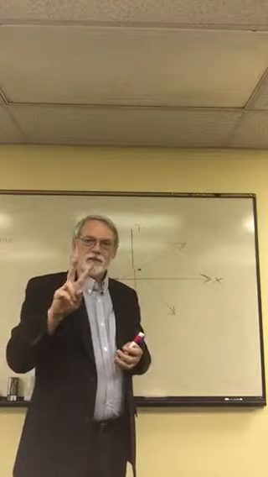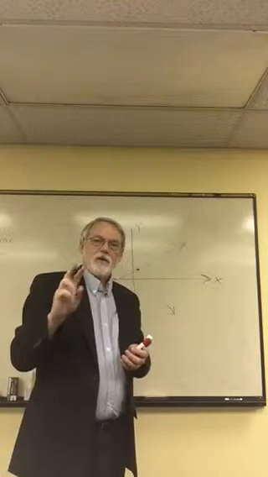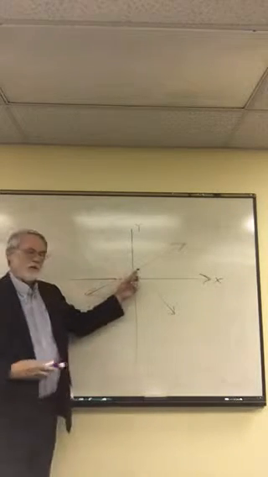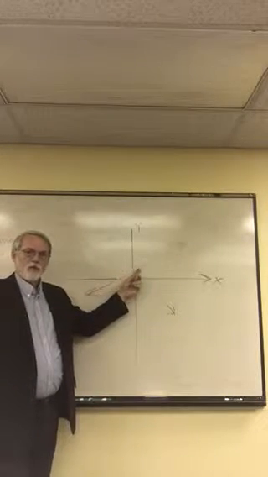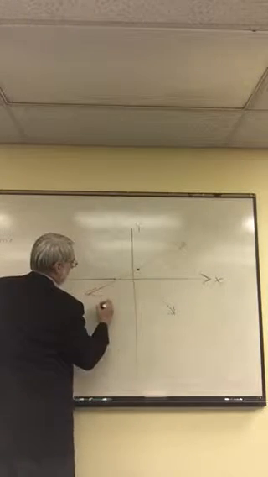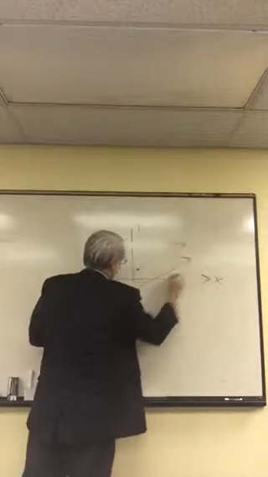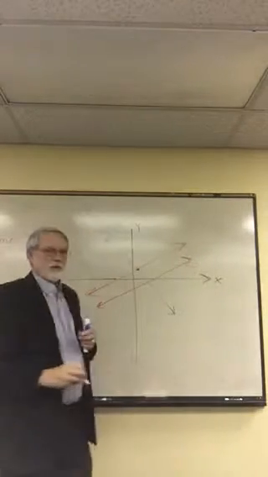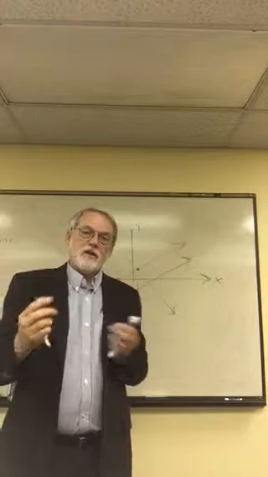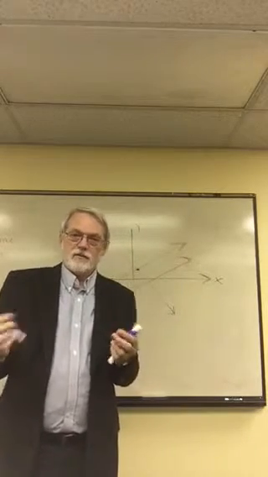in terms of a system of 2 equations, there are 3 distinct possibilities. One, where they intersect in a single point. A second would be where the 2 equations are parallel, that is, they have the same slope, and so they have no point of intersection.